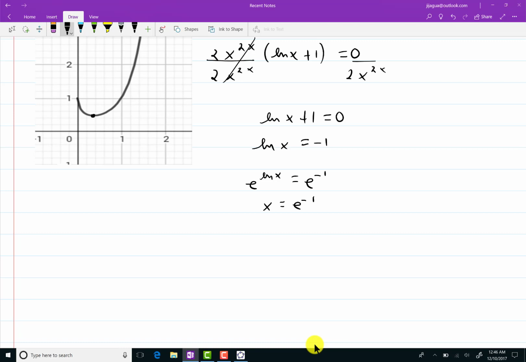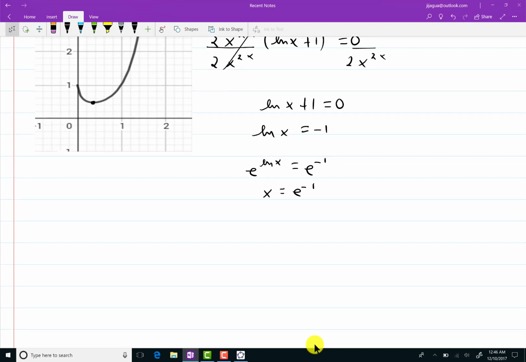All right, what is the y value associated with that? So this point here is e to the negative 1, comma, let me get the y value. y equals x to the 2x. So let me plug in e to the negative 1, 2e to the negative 1.